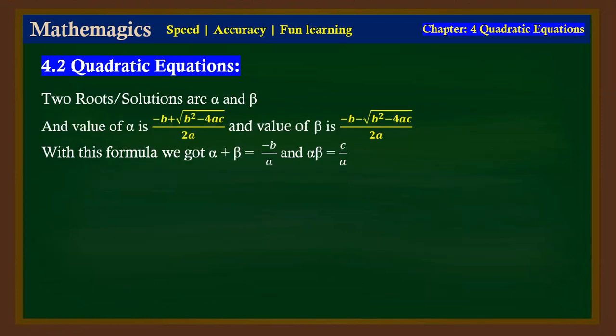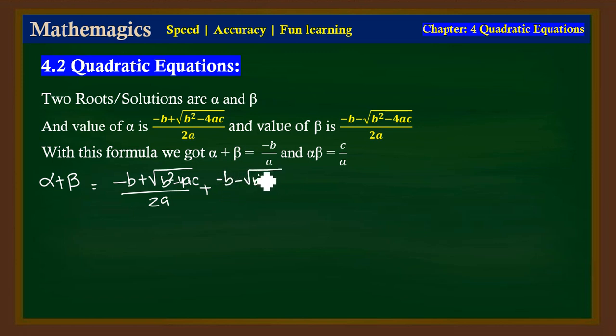So now dear friends, we know that alpha plus beta is equal to minus b by a. Let us take the LHS, that is alpha plus beta. Let us put the values: minus b plus under root of b square minus 4ac divided by 2a, plus minus b minus under root of b square minus 4ac divided by 2a. We take the LCM, which is the same, 2a.